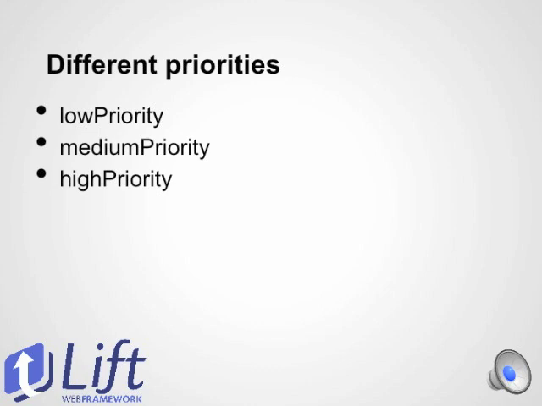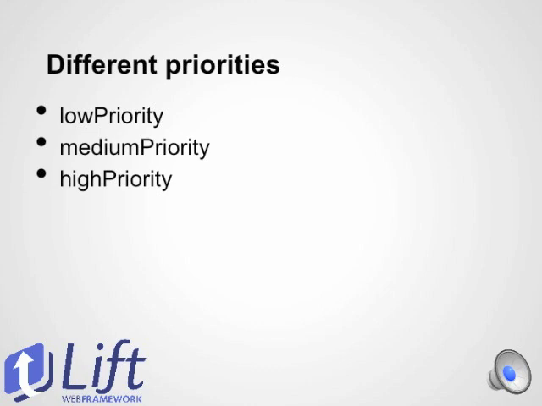In Lift, you can't really manipulate the queue. You don't have a way to say this message should go to the top of the list. But to solve that use case, we have mediumPriority and highPriority. So the idea is that you overwrite either of those two partial functions, and it will listen for specific messages.